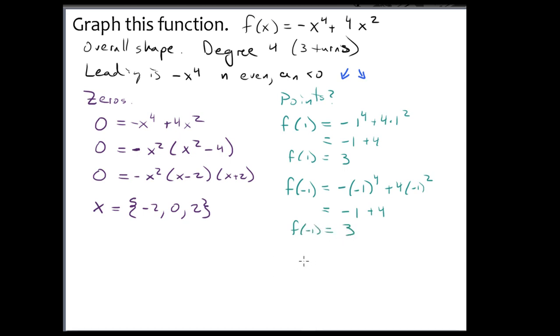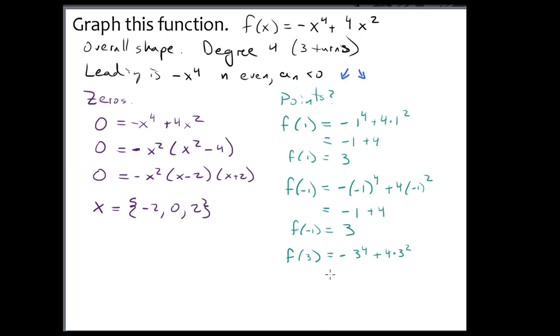We've got some symmetry. I think f of 3 is going to be huge, but let's check. F of 3 is negative 3 to the 4th plus 4 times 3 squared.